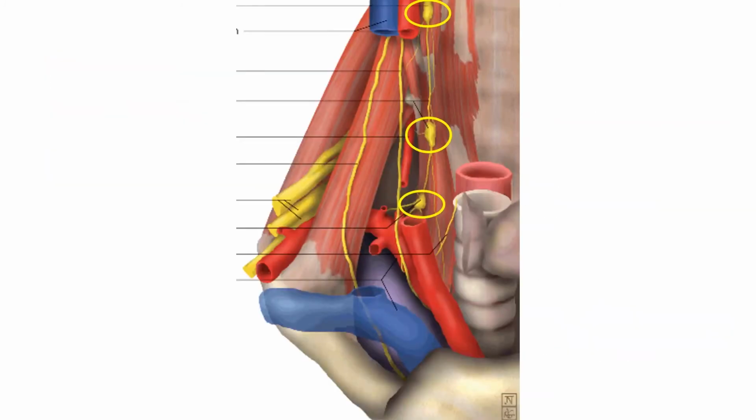This is an image of the three cervical sympathetic ganglia: the superior, the middle, and the inferior. They are posterior to the carotid sheath.